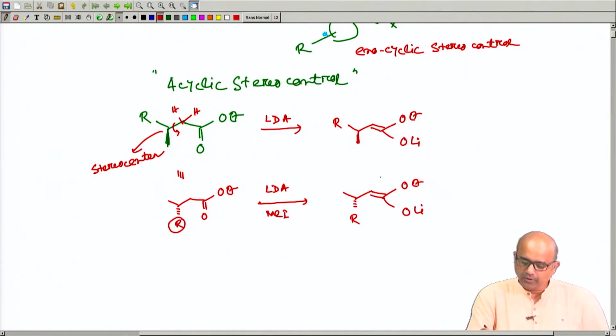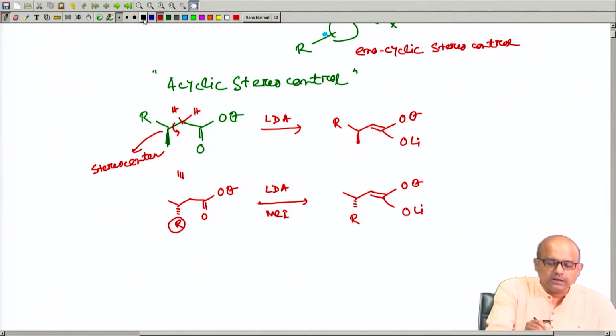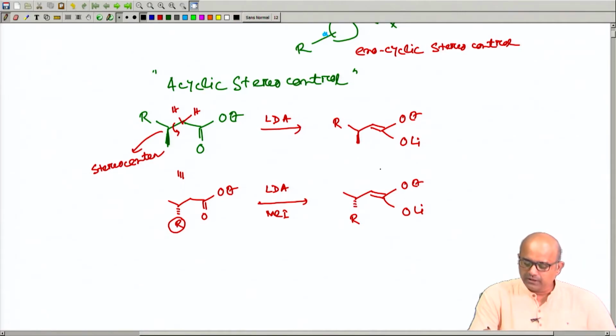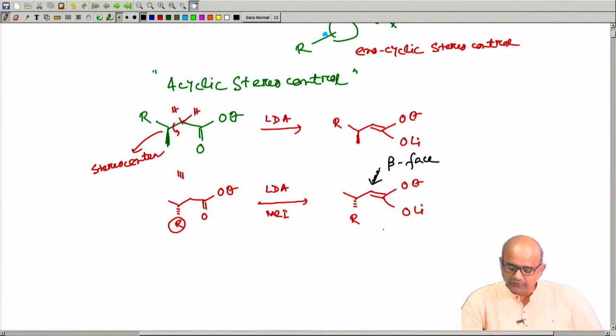Okay. Now, whatever electrophile is there will try to always attack from the top face or beta face. So, alpha face attack is usually blocked by this bulky group. So, alpha face is blocked.